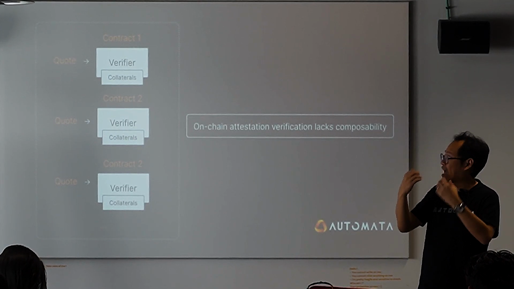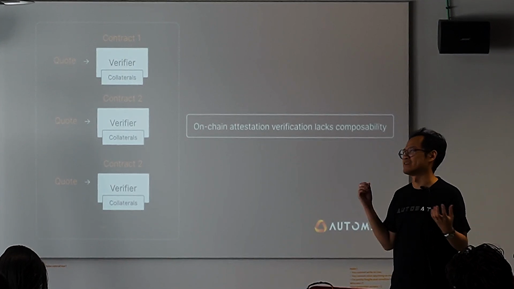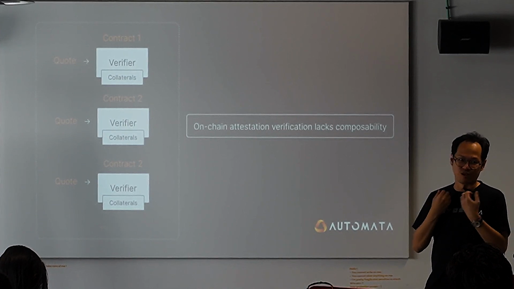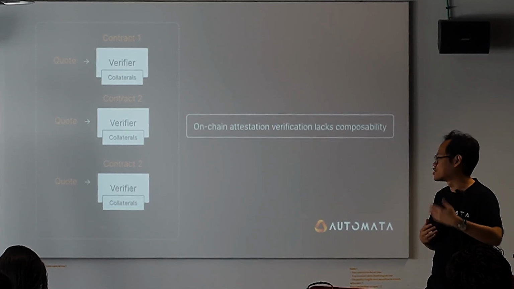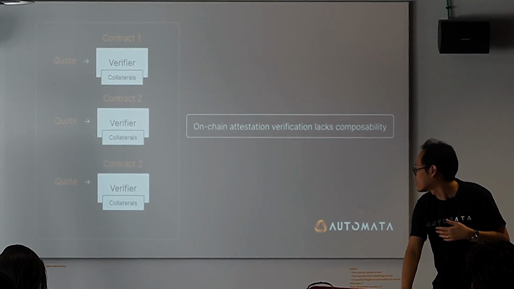The person that is deploying the contract will have to perform all of this. And if you think about it, there's no check about it, because the owner is the one provisioning all these collaterals. So this is what we have now.